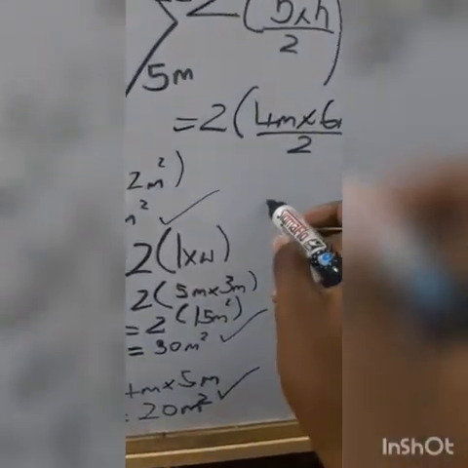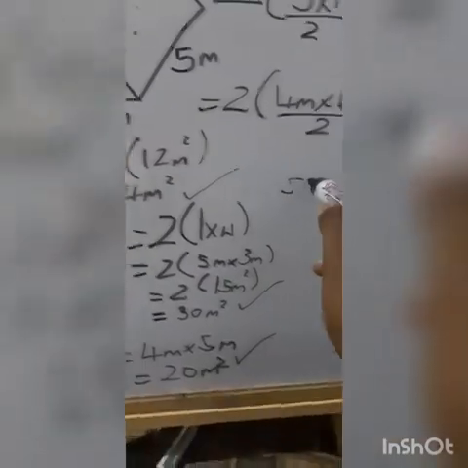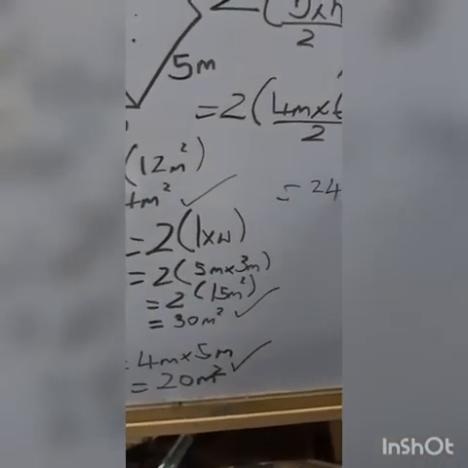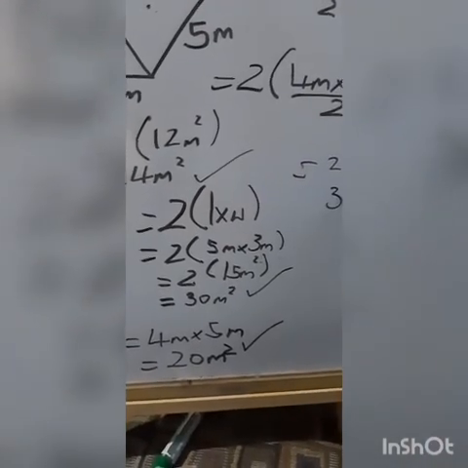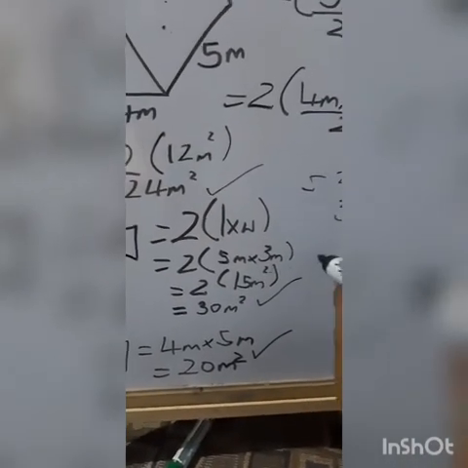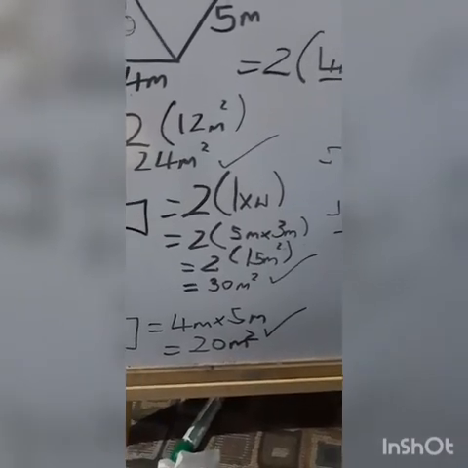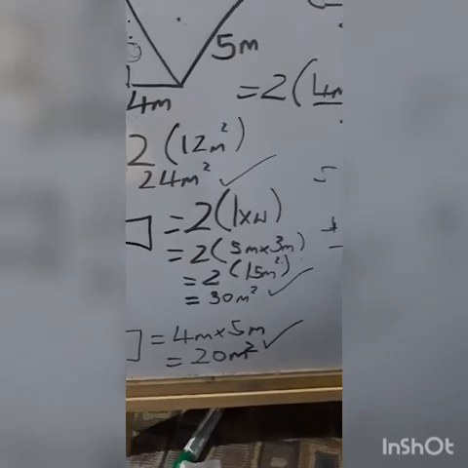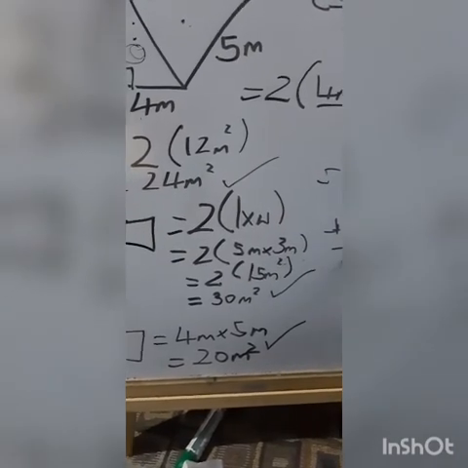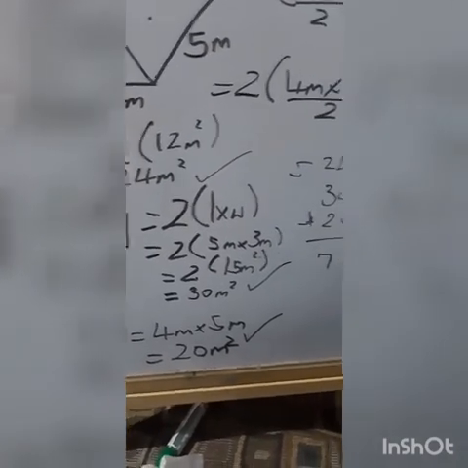So that would be, and this is a bit jumbled, 24 meters squared plus 30 meters squared plus 20 meters squared, and all of that would give us 74 meters squared.